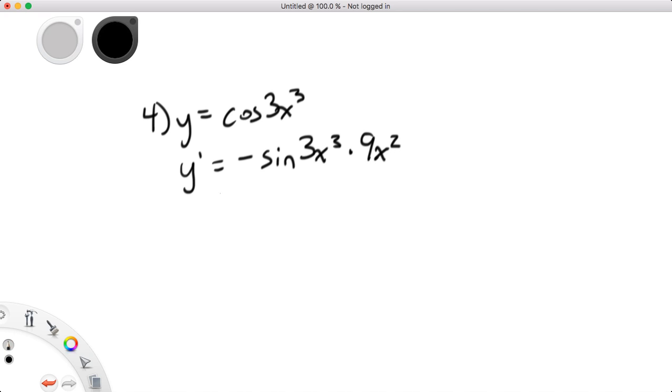If you had to do number 4, y equals cosine of 3x cubed, one of the things that you need to know is that the derivative of cosine is negative sine. So your y prime is going to be negative sine of 3x cubed.